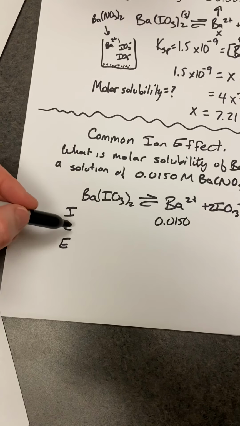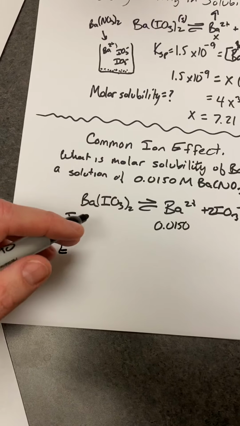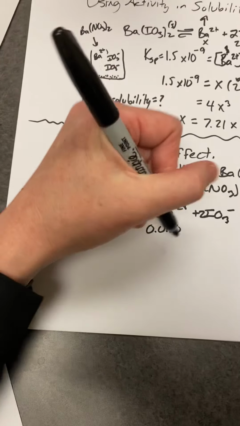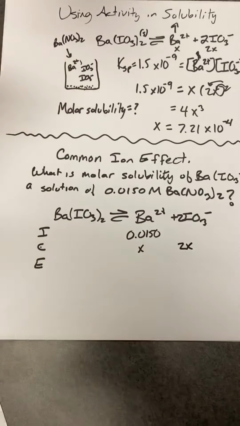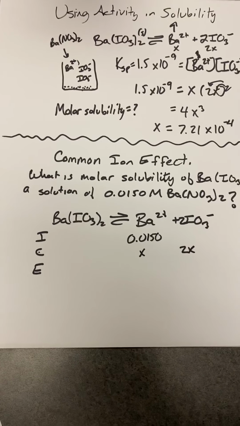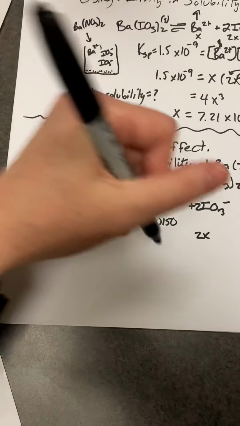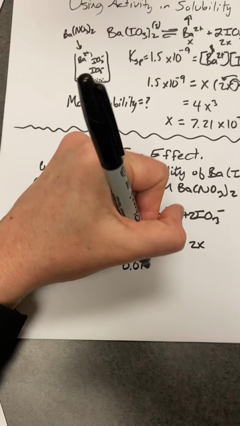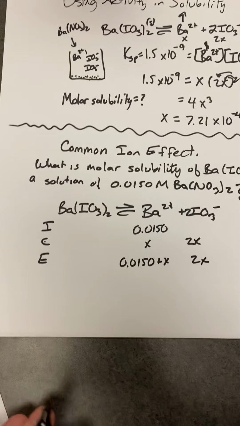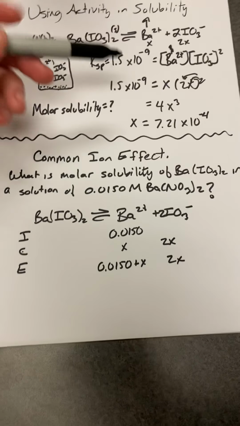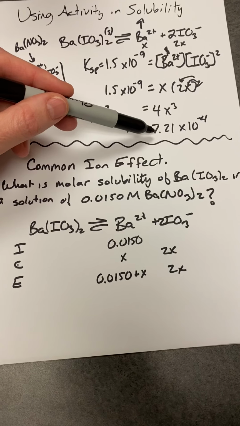Now, our change: once the barium iodate starts to dissolve, it will add some barium ions, and for every one of those, it will add 2 of the iodate ions. And now at equilibrium, we just add them up. But there's this great, wonderful thing: if you look up here, this is 7.21 times 10 to the negative 4.